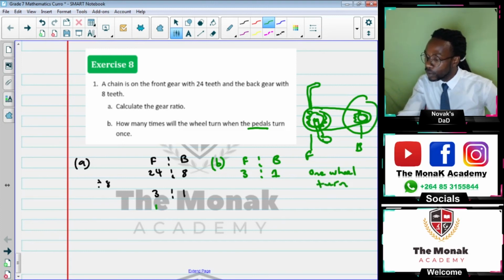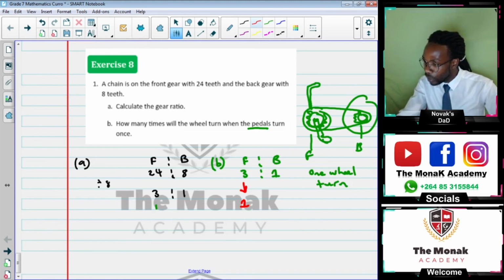So for the pedal to turn 3 times, the back gear would turn once, and then the wheel would turn once. But what about when we want the pedal to turn only once? Yeah? We only want the pedal to turn once, not 3 times.